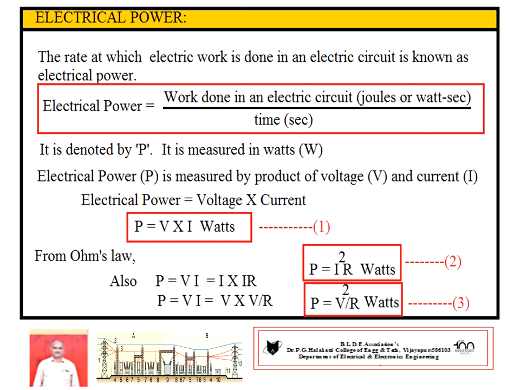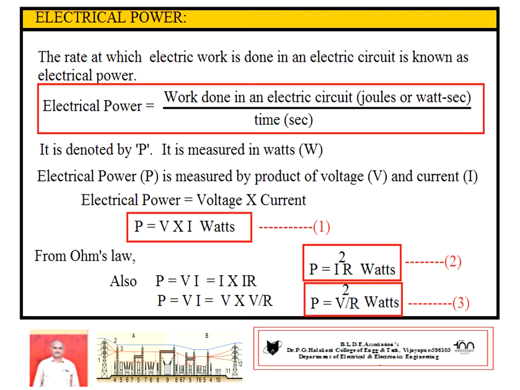Electrical power is defined as the rate at which electric work is done in a given electric circuit. So, it is simply known as the rate of electric work done in an electric circuit. You can write the ratio: electrical power equals work done in joules in a given electric circuit per time.